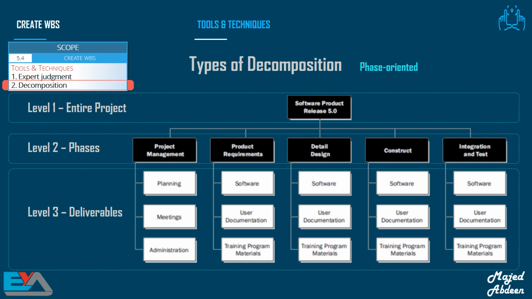For instance, project management phase, product requirements, detailed design, construction, and integration and test phases. And we insert the product and the project deliverables at the third level. So, under project management, we have planning, meetings, and administration. And under product requirements phase, we have software, user documentation, and training program materials, and so on.